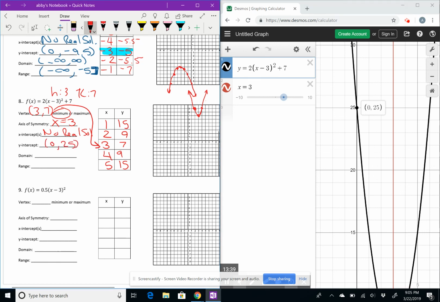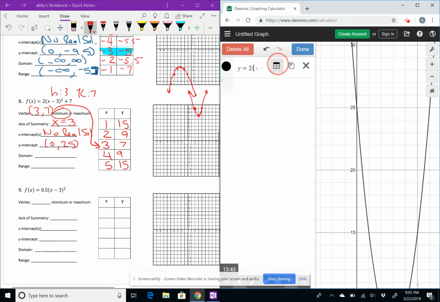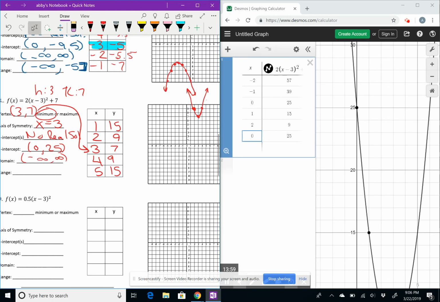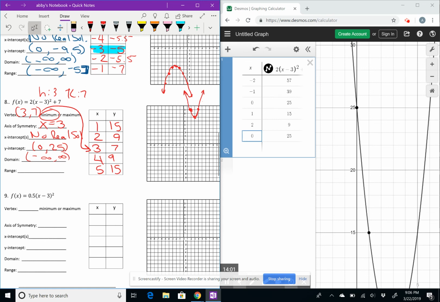If you do not like using the zoom, you can go to table, and if it's not showing, you can just type in 0, because the y-intercept is when x equals 0. You get 25. Now our domain, always negative infinity to infinity. Now since our graph is facing upwards, the range has the lowest y value of 7. The highest y value is infinity.